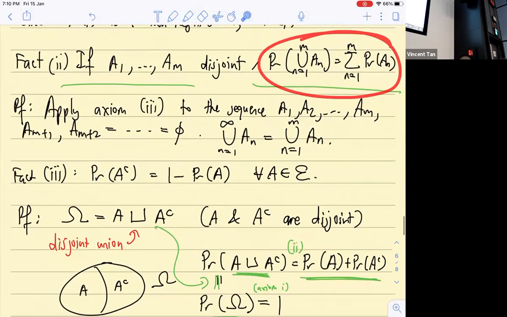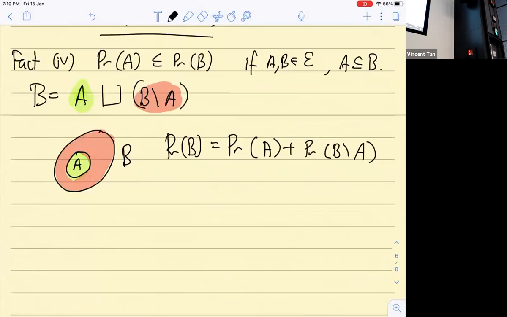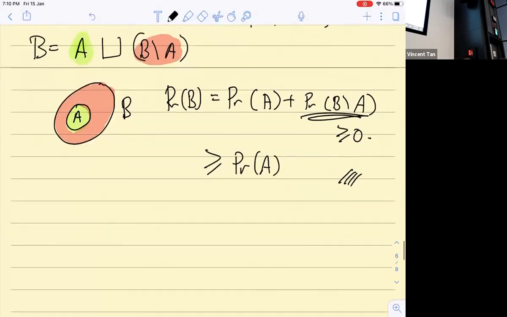Now we know that this is non-negative, so we can bound this by probability of A, and we are done. We can drop the non-negative part. Okay, so fact 5: probability of B is less than or equal to 1.